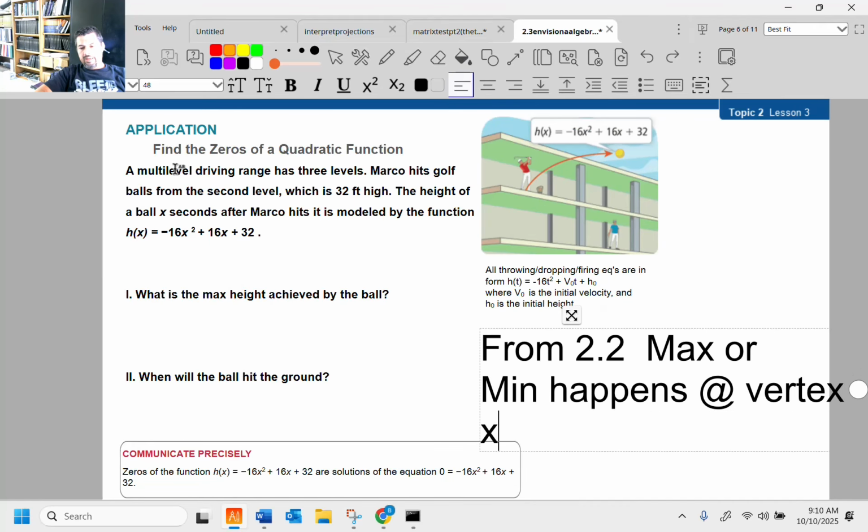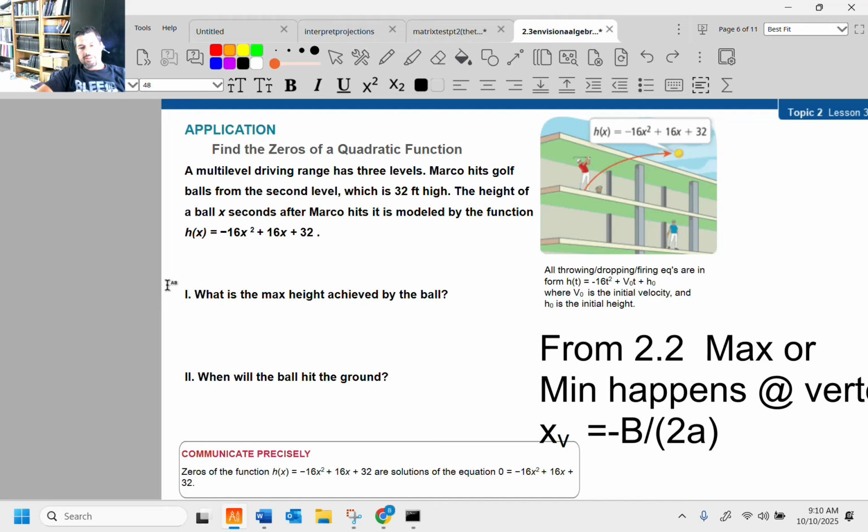And the x-coordinate of the vertex is always going to be opposite b over 2a, using parentheses because I'm writing horizontally. So to find the maximum height, first we figure out the x value that makes this happen.